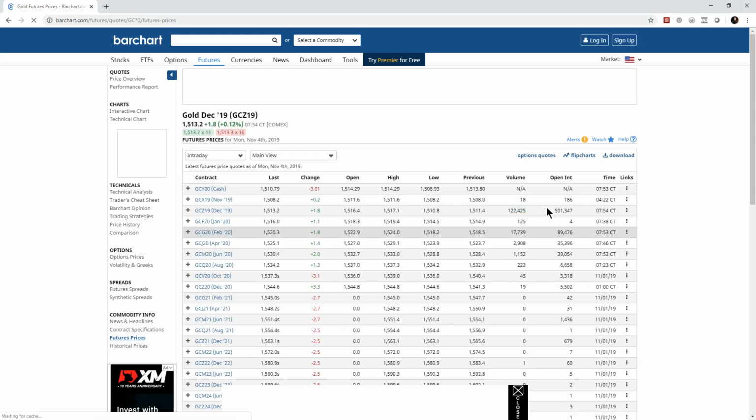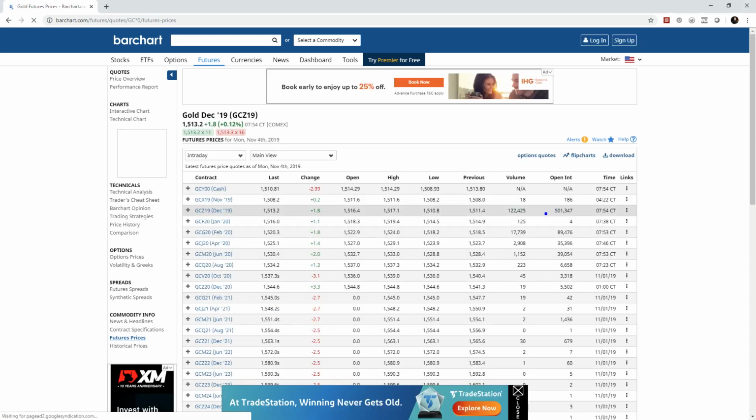Also confirm on the chart that the greatest values for open interest and volume correspond with the Z.